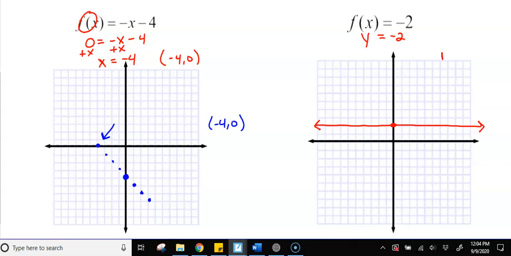Not possible. None. No zeros, no x-intercepts. If you were doing it algebraically, you'd run into the same problem rather quickly. If you replace y with a 0, you're going to end up with 0 equals negative 2. Not a thing. 0 is not negative 2. Another way you could write this is no solution.